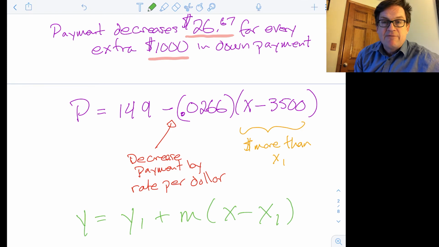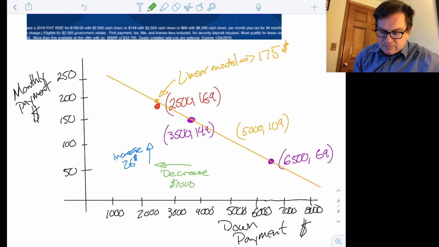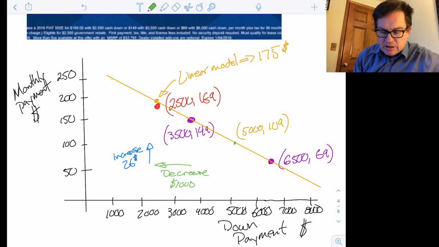If I plug 5,000 into that equation, I can find out what this model says my monthly payment should be at that point. And it turns out it's 109, because it's halfway. But we can also check what happens for the other point.